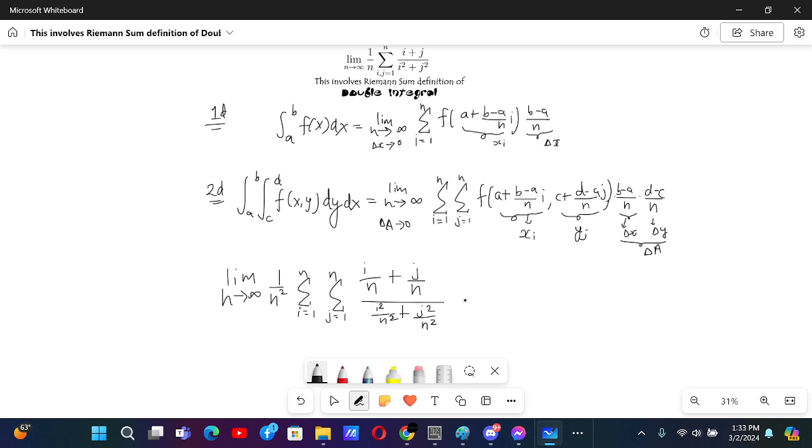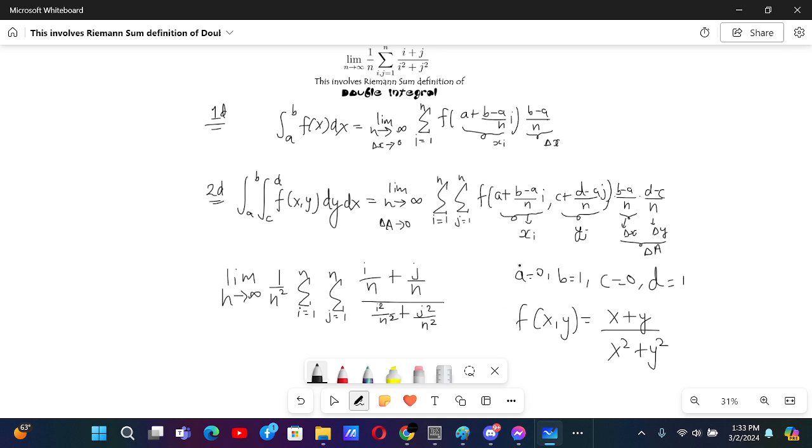Now in this form, let's say our a is 0, b is 1, c is 0, d is 1, and f of x comma y is just (x plus y) by (x square plus y square).